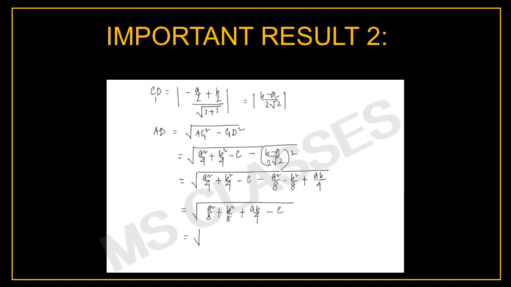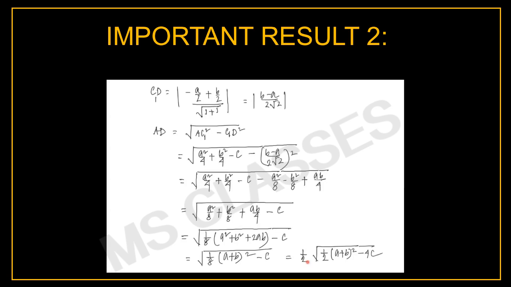So we take under root of 1 by 8 common: a square plus b square plus 2ab, minus c. From that we get under root of 1 by 8 (a plus b) whole square minus c. Now we take a 4 common, so this will be 1 by 2 (a plus b) whole square minus 4c. Now this is the length of AD which we have got.